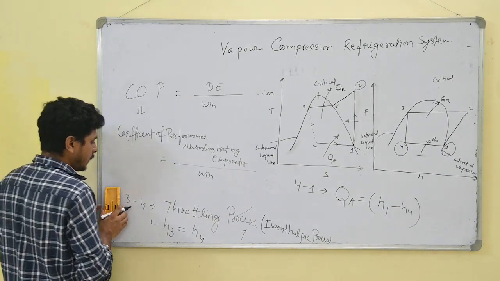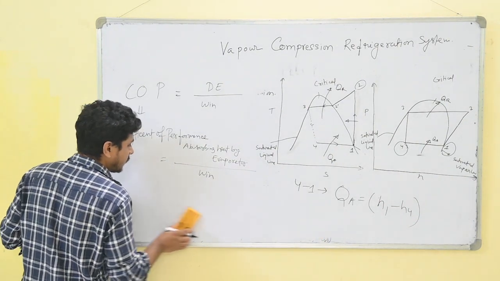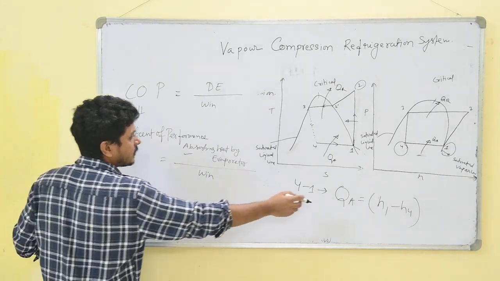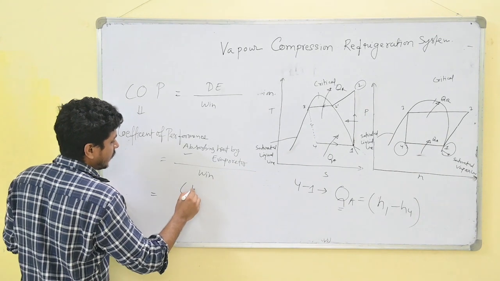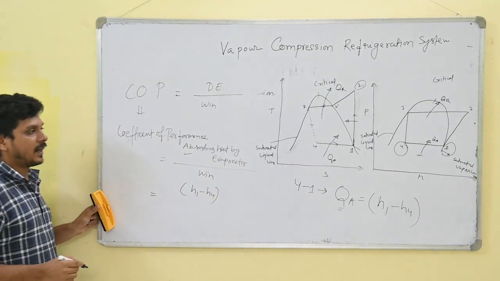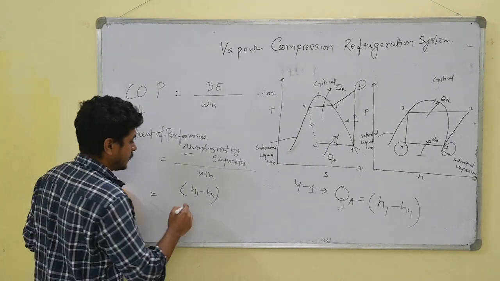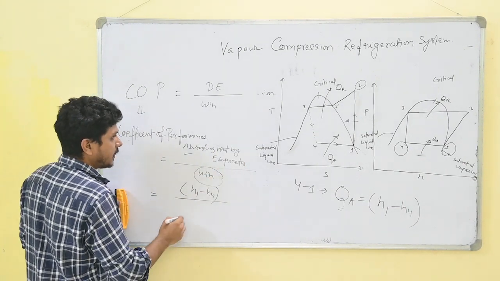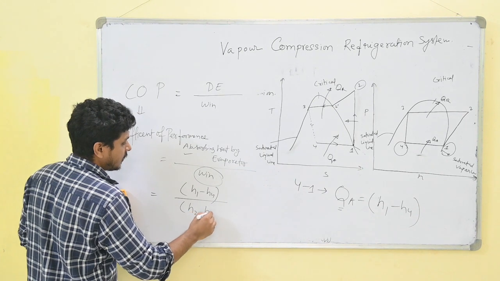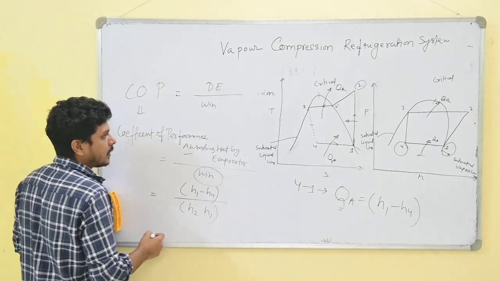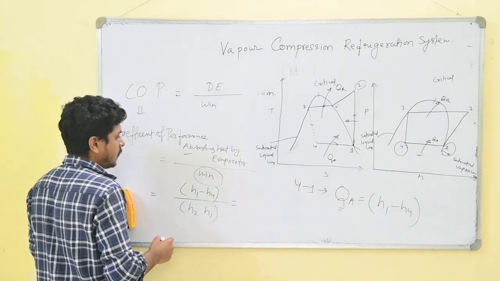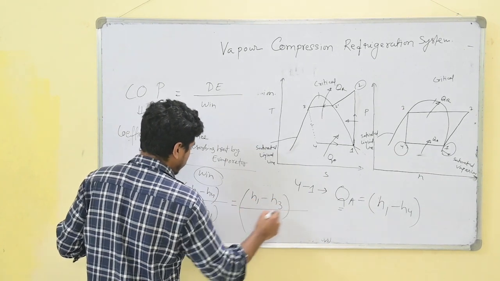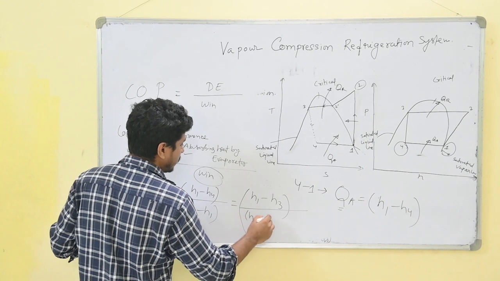We know all of these parameters from the different processes. First, the heat absorbed by the evaporator is H1 minus H4, and the work input required to run the compressor we get from H2 minus H1.